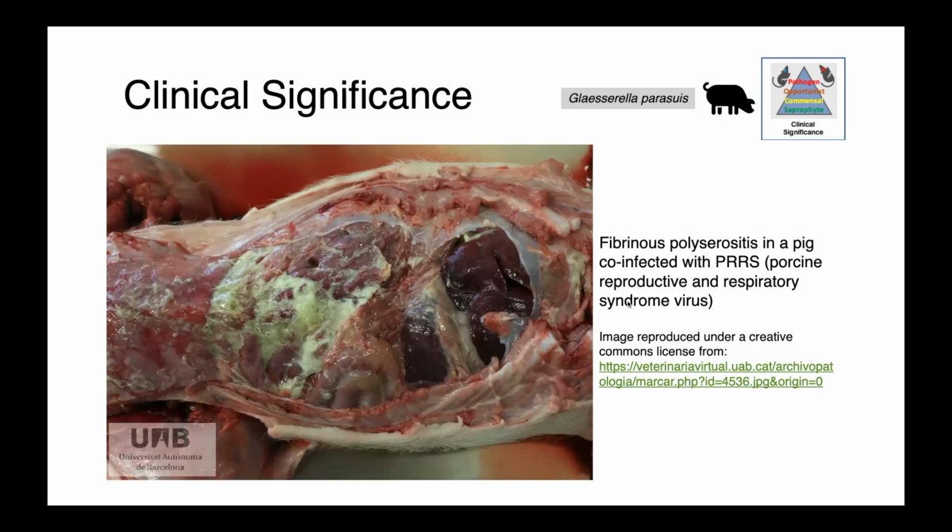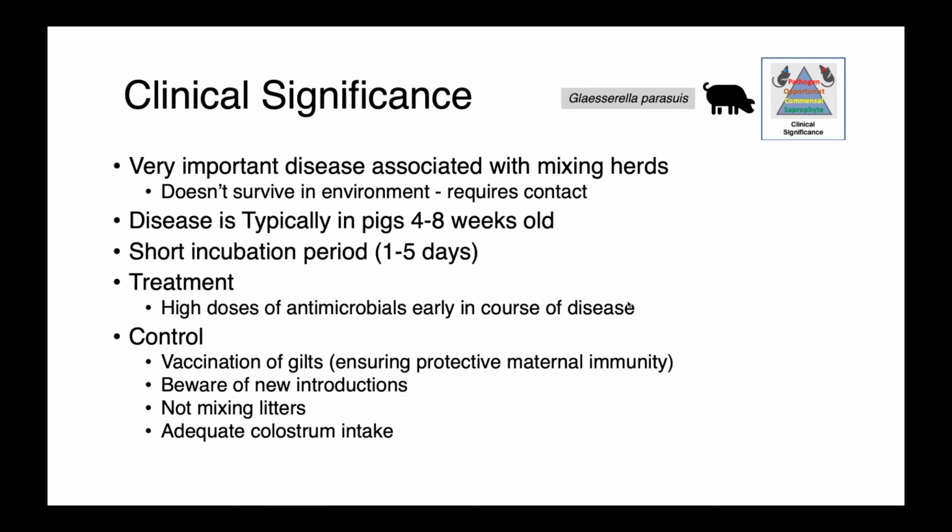This was in a pig that was co-infected with PRRS, so porcine reproductive and respiratory syndrome virus, perhaps just highlighting the role of polymicrobial infections, including both viruses, which can certainly be immunosuppressive, and bacteria that then set up a secondary infection.